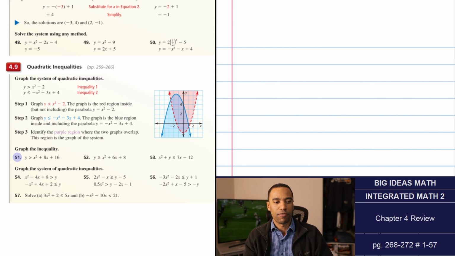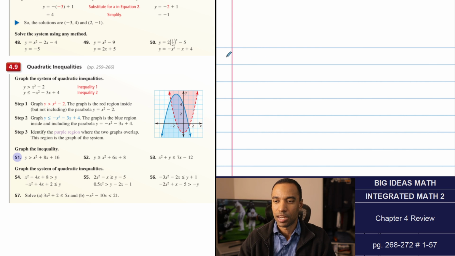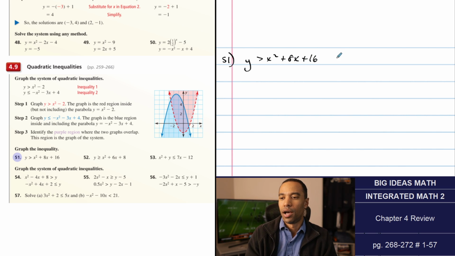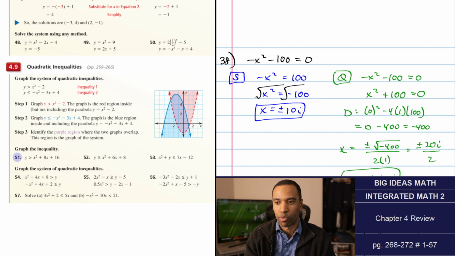Now, on numbers 51 to 53, we're just graphing individual inequalities. So in number 51, we have y is greater than x squared plus 8x plus 16. I think we've seen this exact graph before, so I don't have much need to kind of go beyond. I'll graph it again, but I'm going to point to where it was.